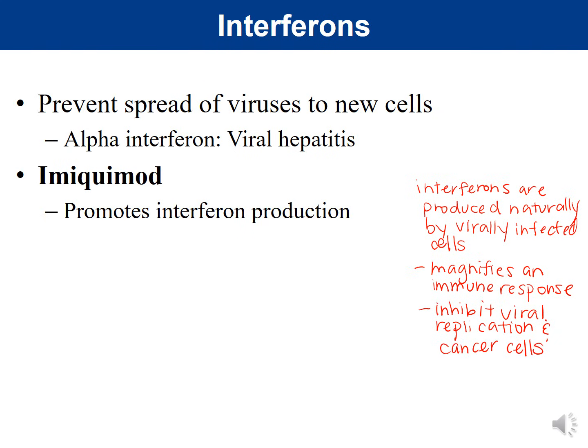And again, it's used to basically magnify an immune response, to get the immune system to affect those virally infected cells. And so imiquimod is a drug that's used to promote interferon production. And so again, that's just used to amplify an immune response.